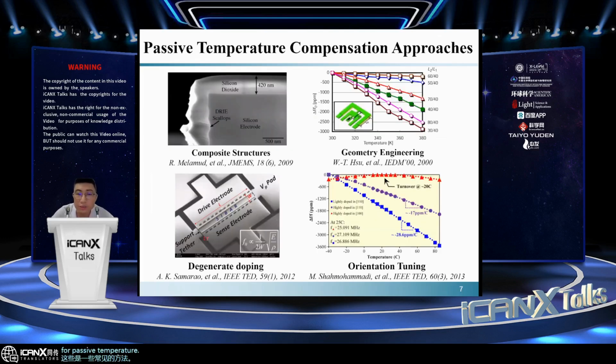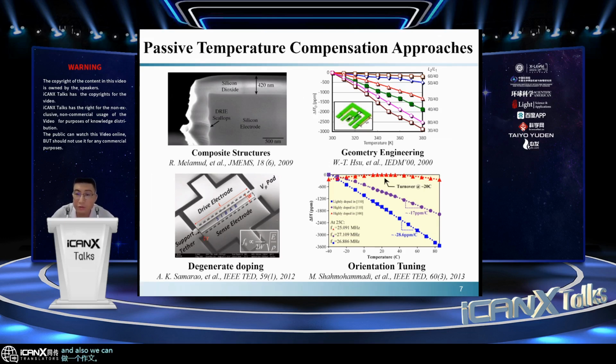For passive temperature compensation, we can use composite structures because the silicon has a negative Young's modulus versus temperature, and the oxide has a positive one. So we can use some composite structures to make a compensation.